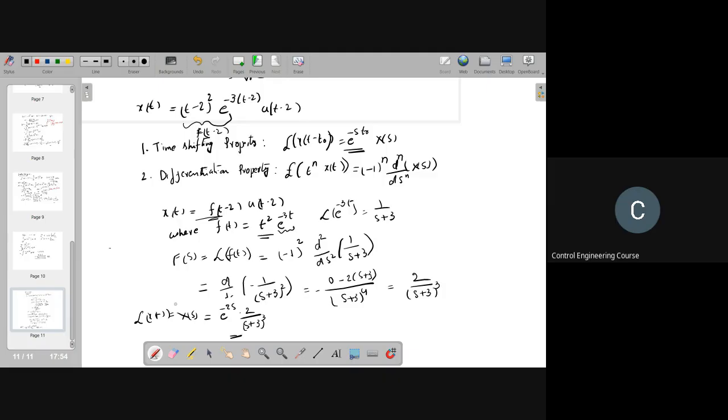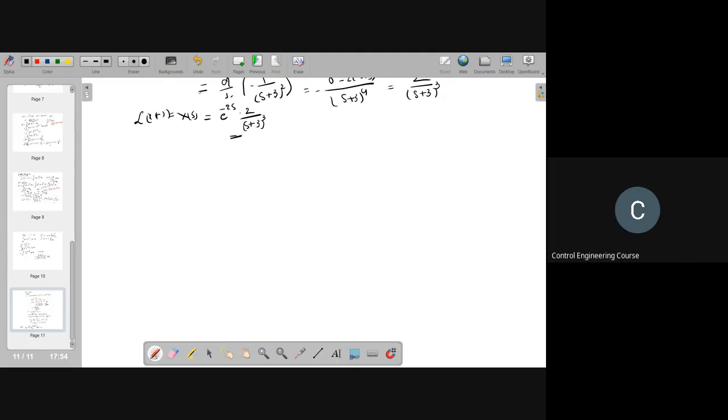Can anyone tell me what the initial value theorem is? Limit t tends to 0 of x of t is equal to limit s tends to infinity of s X of s. Right.